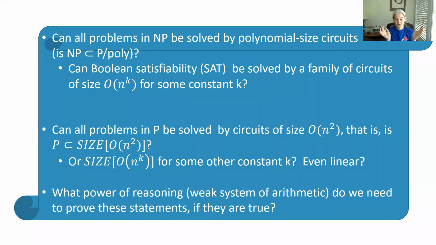So if we could show that no, there is a problem in NP that doesn't have such a family of circuits, then definitely P is not equal to NP. But it is still possible that this very powerful non-uniform setting can let us solve problems in NP, and yet P is not equal to NP.